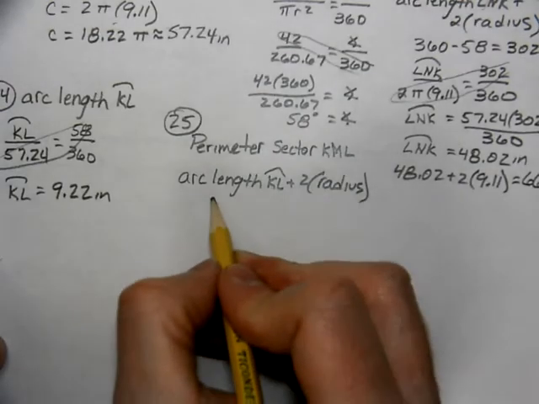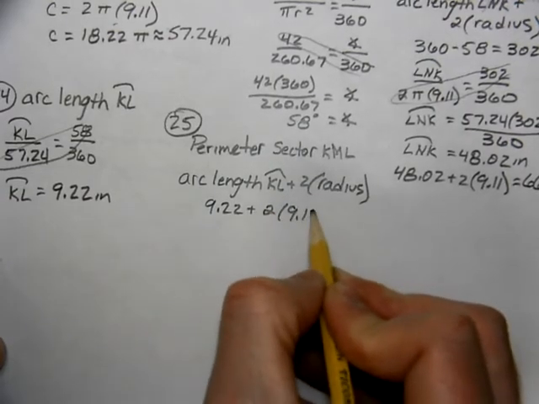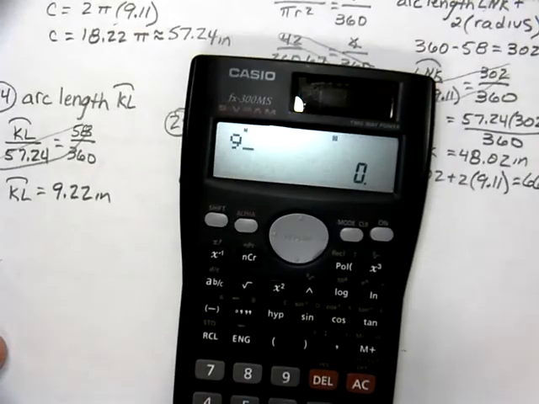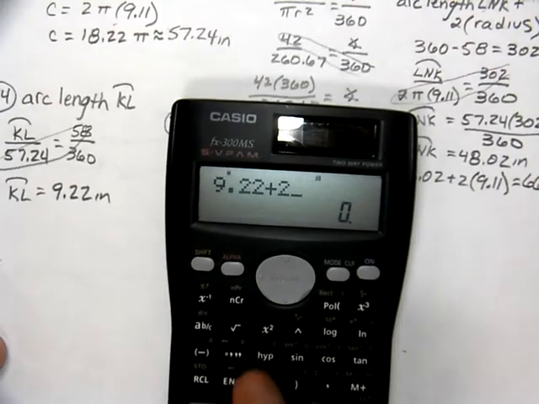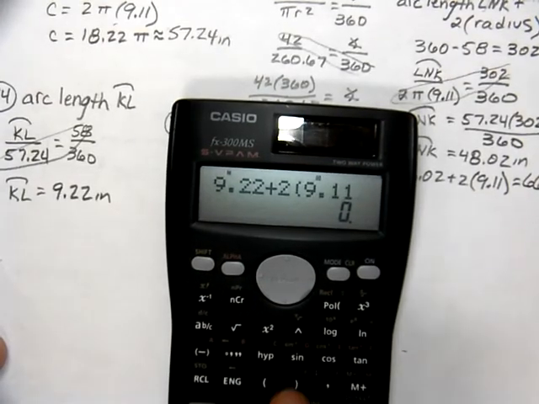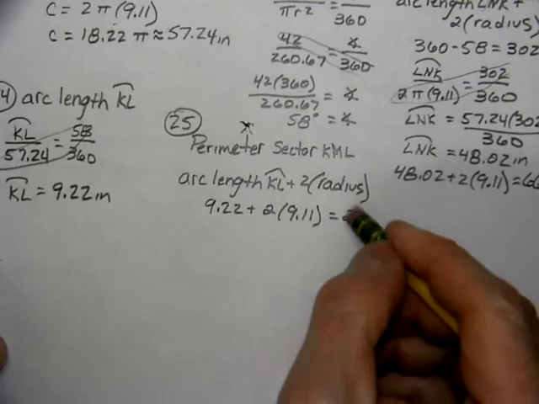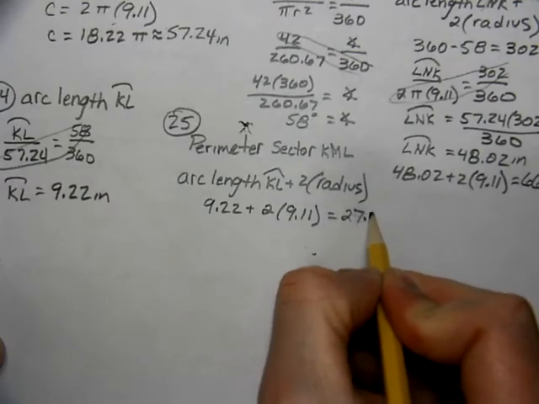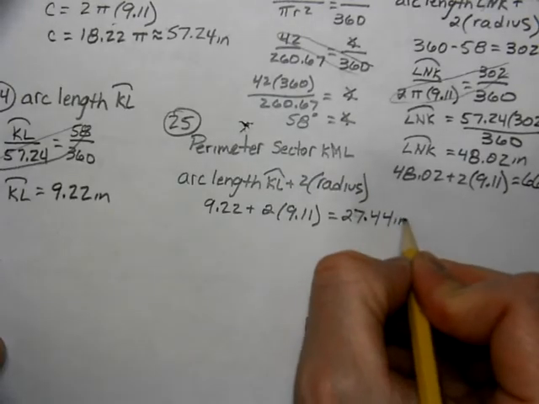So the arc length was 9.22 plus 2 times the radius, which was 9.11. So 9.22 plus 2 times 9.11 gives us 27.44. And those units are inches.